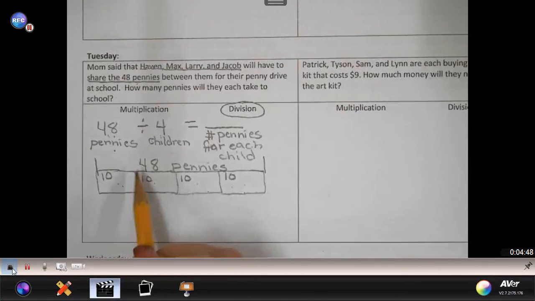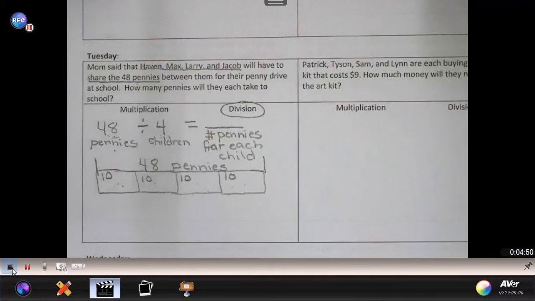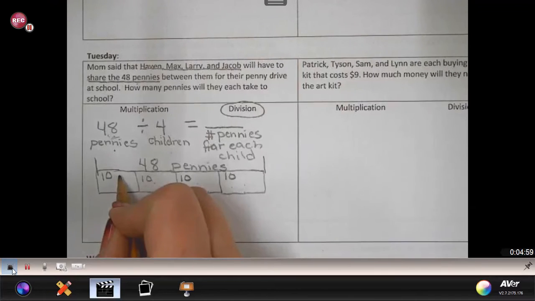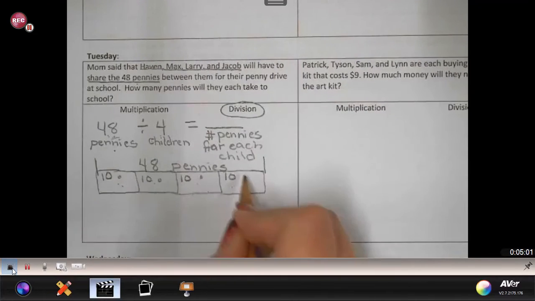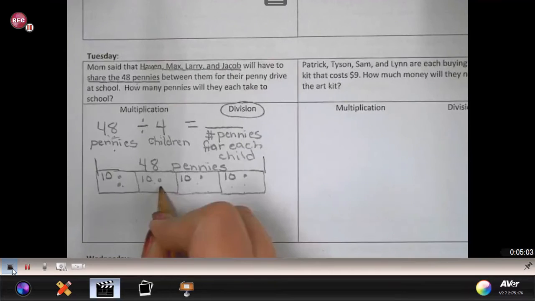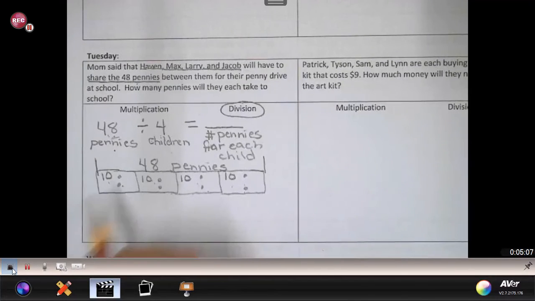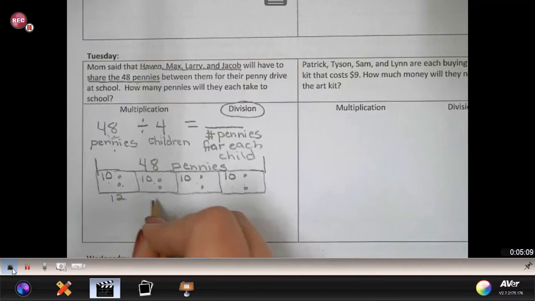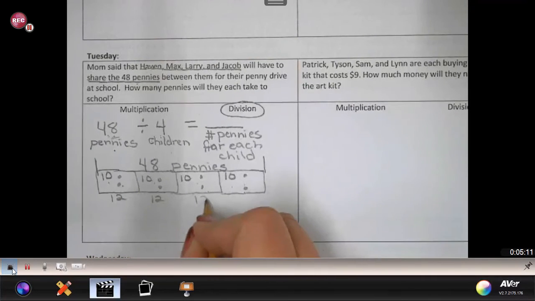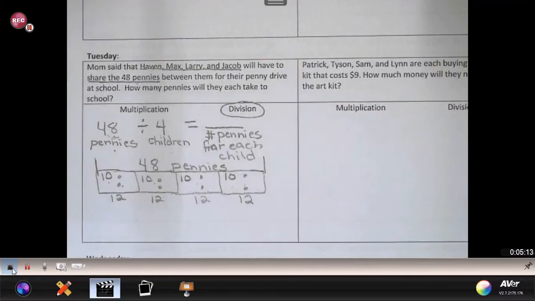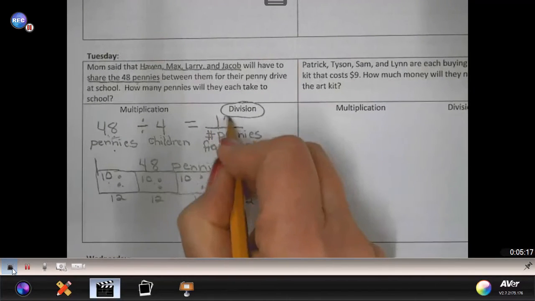Now all I have to do is take the 8 left and think about, okay, well, I'm going to take 8 pennies now and share it equally between these 4 people. So that would be 41, 42, 43, 44, 45, 46, 47, and finally 48. So 10 and 2 makes 12. So each child is going to take 12 pennies for their penny drive.